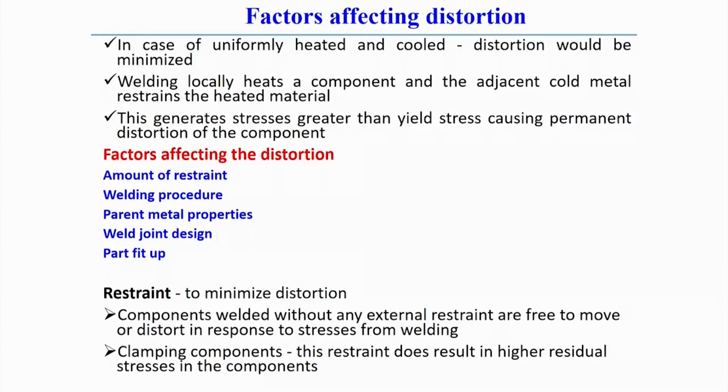One specific component is locally heated, and the adjacent part is cold. Therefore, a huge temperature gradient exists between the two parts of the component, and that brings some amount of distortion. So preheating sometimes helps to minimize the distortion.